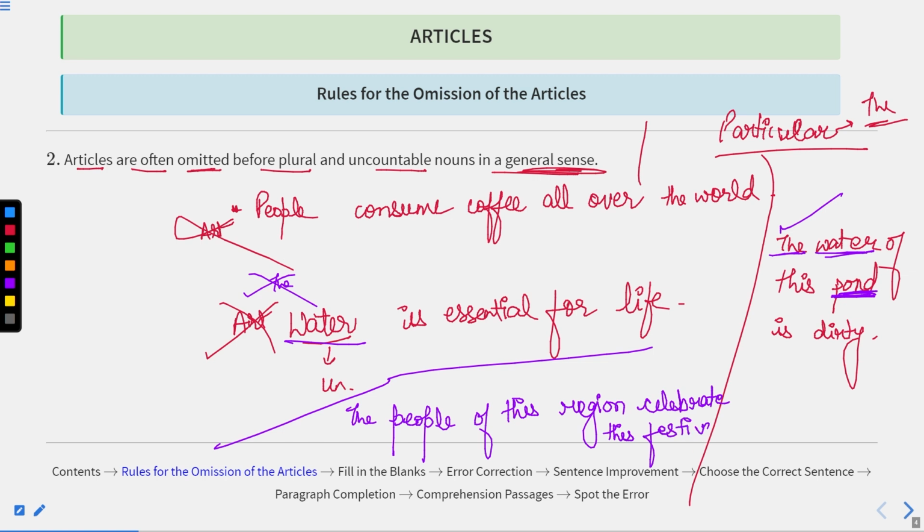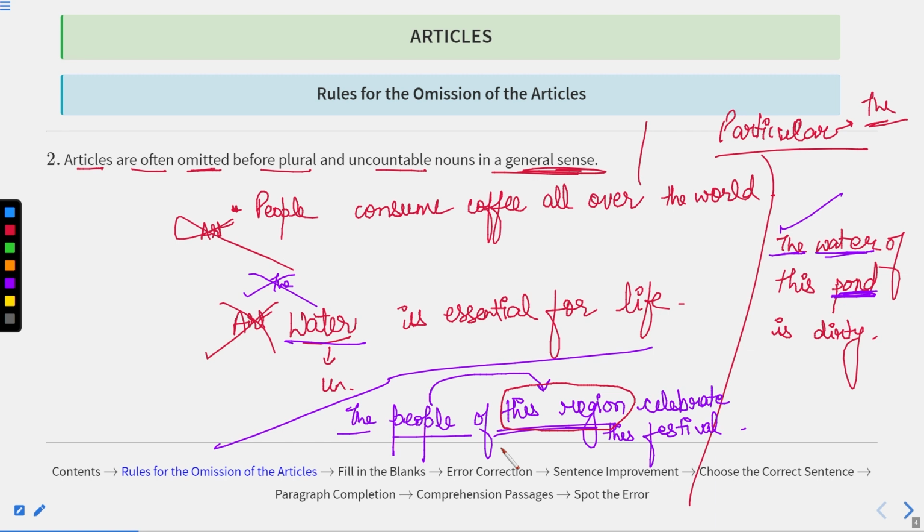Okay, here I can use the before people. Why so? Because I'm talking about the people of this region. It means I'm relating these people to a particular region. Okay, I'm making these people particular. That is why I can use the before them.